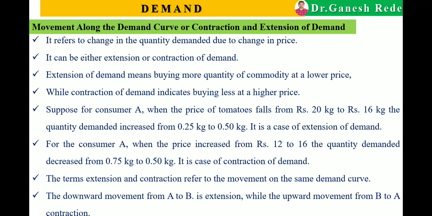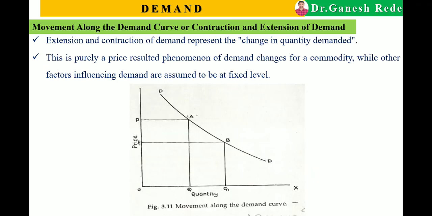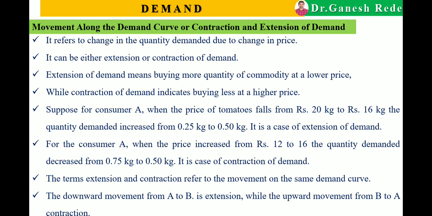Here, if the price increases from 12 to 16, quantity demanded will decrease from 0.75 to 0.50. So it is a case of contraction of demand.